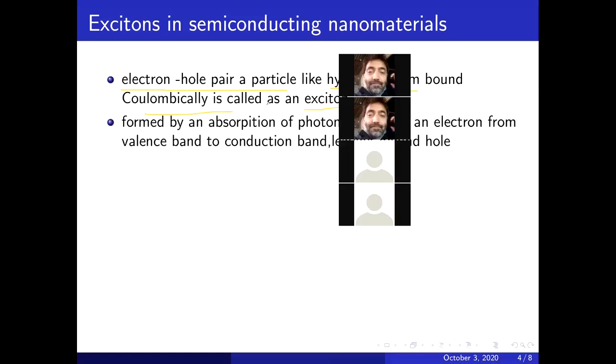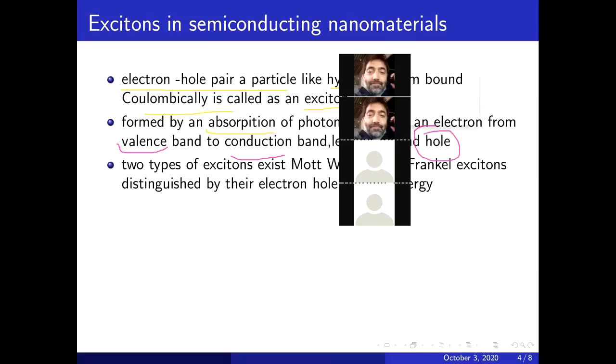And this is often formed by an absorption of energy in the form of a photon, which promotes an electron from the valence band to the conduction band, leaving behind this guy, the hole. Same thing.